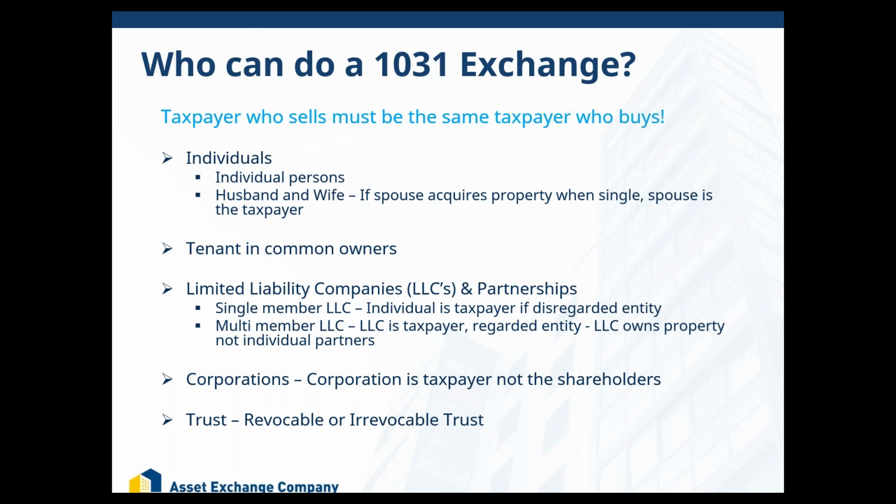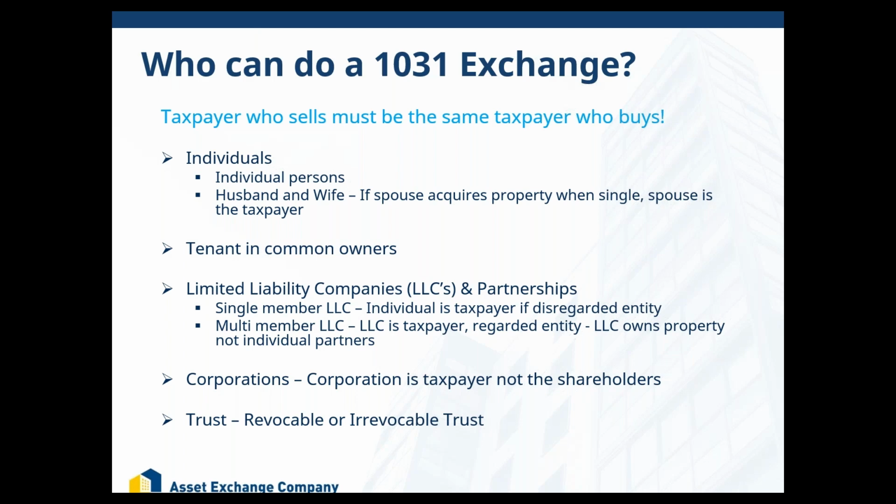All right, so remember the first point I made when we started talking about this slide: always remember with a 1031 exchange, whoever the taxpayer is in the sale of the relinquished property always needs to be the same taxpayer in the purchase of any replacement property or properties, right?